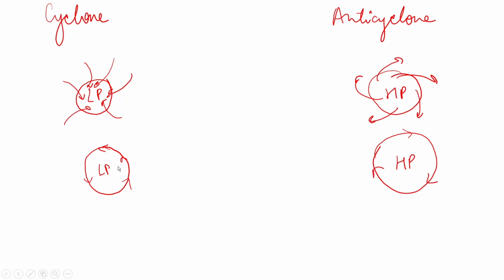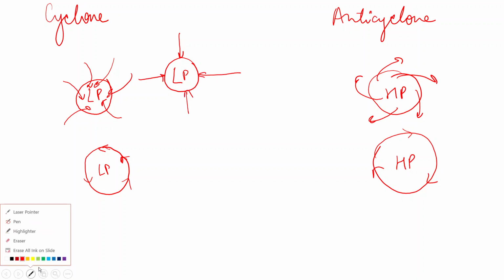Now, how do we receive this kind of a movement pattern? In the previous diagram, as I had shown you, in the northern hemisphere, if we have the low pressure, the winds are coming in due to the Coriolis effect. We will discuss Coriolis effect in detail in our next lecture.